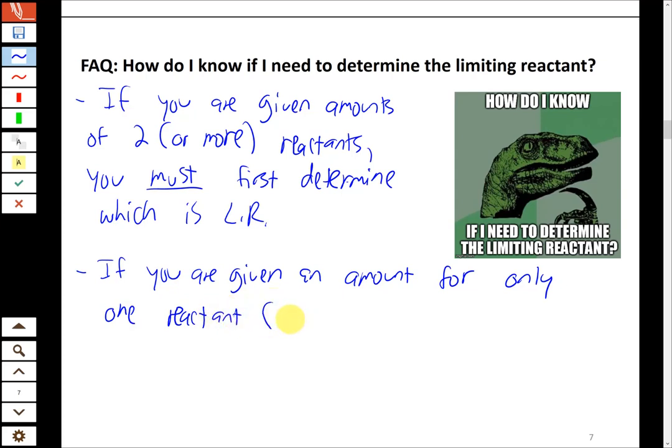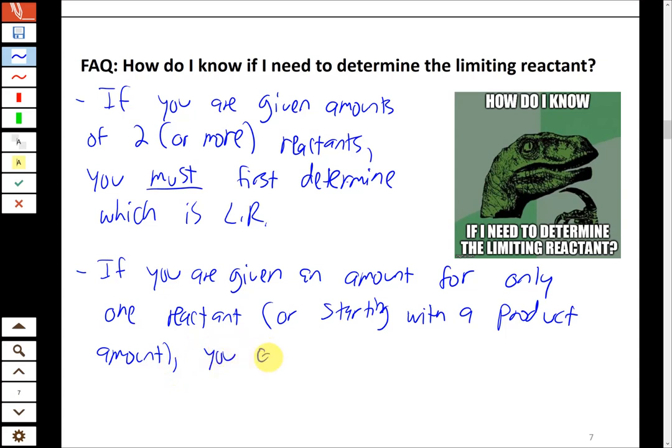Or if you're starting your calculation with an amount of product, so we can give you stoichiometry problems where we say, we want to make this much product, how much reactant do you need? Or how much of another product forms. So if your problem is starting with a product amount, not a reactant amount, then you don't have to worry about limiting reactant. You can start the problem as normal. You don't have to do the limiting reactant business, I should say. It's not nonsense.